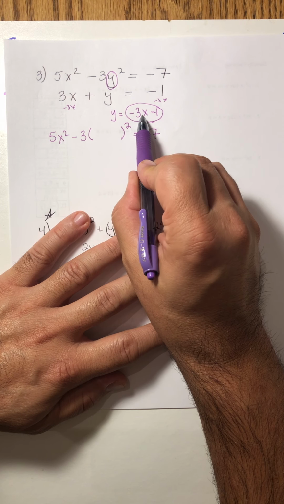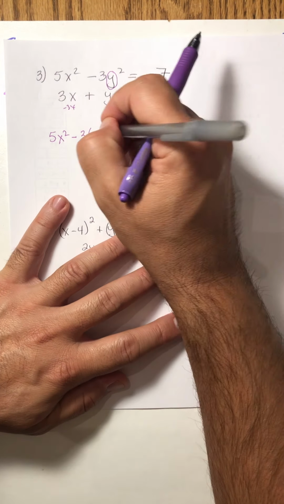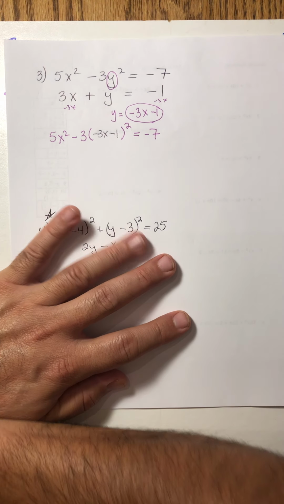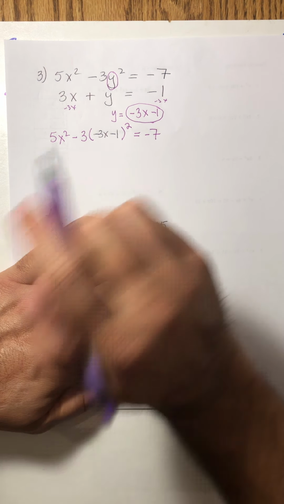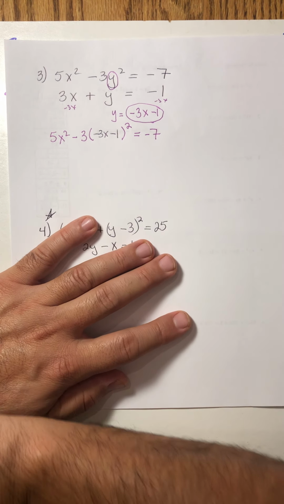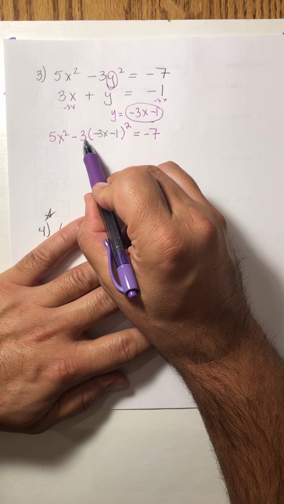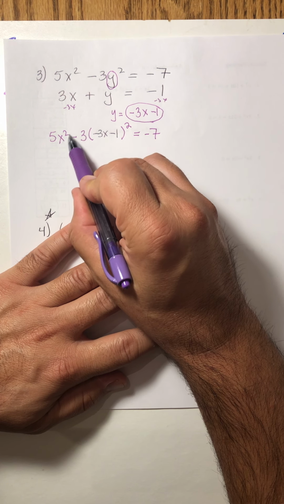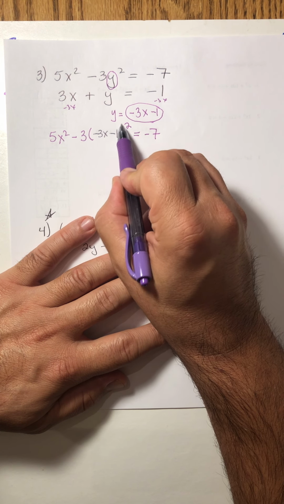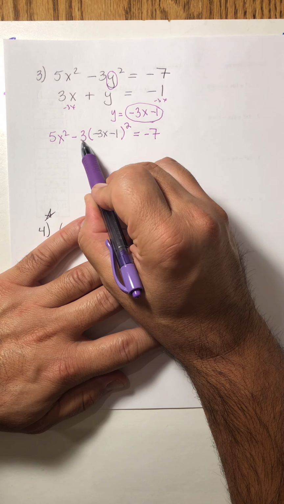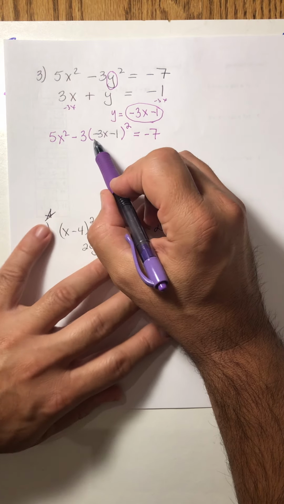That's right, it's the negative 3x minus 1. What do we do first? Right, there's nothing to do inside the parentheses. We have to square first. You do not distribute that 3. You distribute negative 3 when we're all done squaring. If we're not done squaring, you don't touch that negative 3 over here. So we got some work to do.